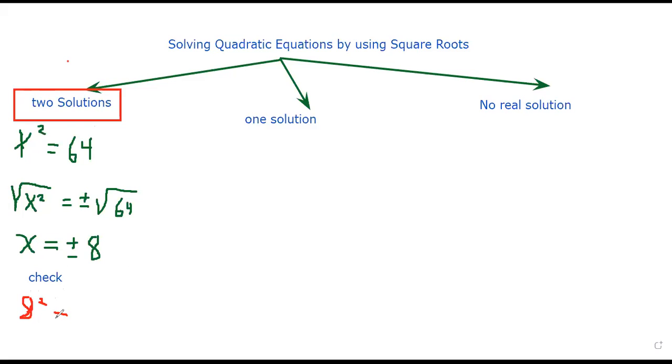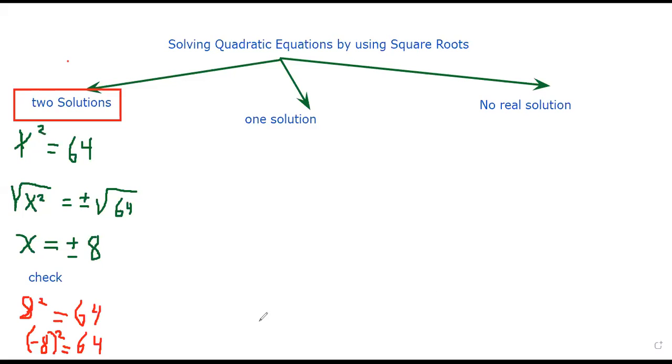It will be equal 64, right? And also we can make negative 8 to the power of 2. It will also equal how many? 64, right? So this is the first case when we say that we have two solutions.